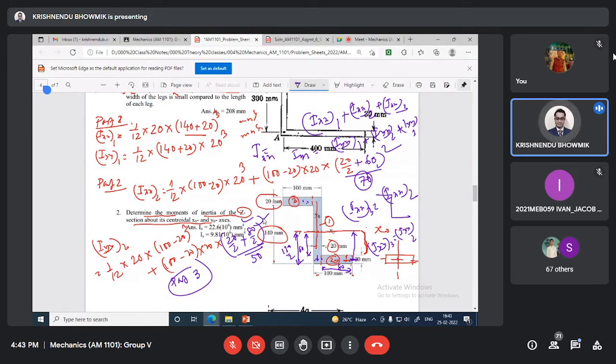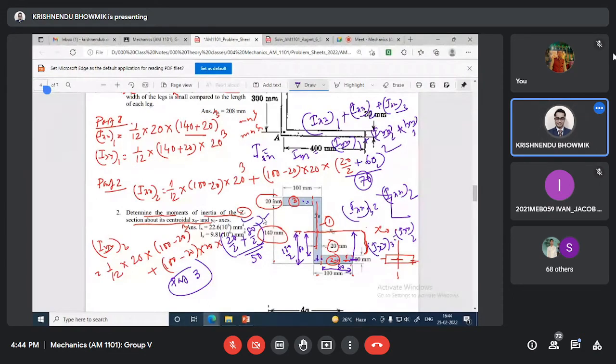For part 2 and part 3, which are same, its area are same, distance are also same from x0 and y0 axis. So IXX for 2 and 3 will be same, IYY for 2 and 3 will be same. Let's start with any of the case, either 2 or 3.